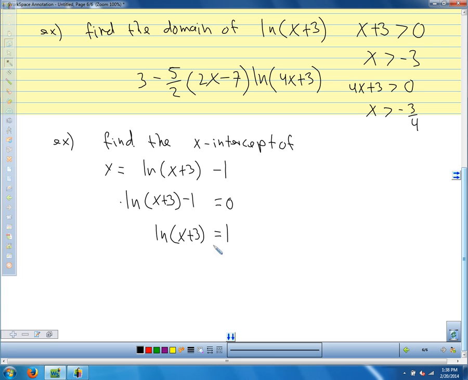How do I write this in exponential form? What's our base? e. So e to the 1 equals x plus 3. x equals e minus 3. So that would be our x-intercept of this one. Solve for y equals 0. Did I do that right?